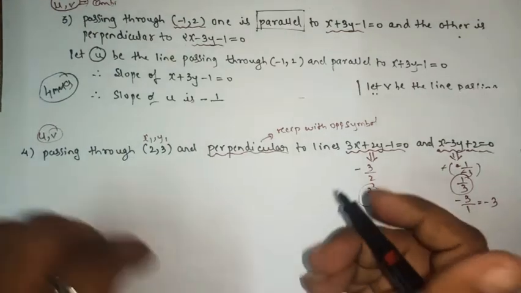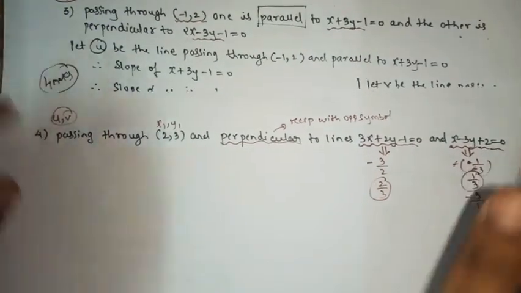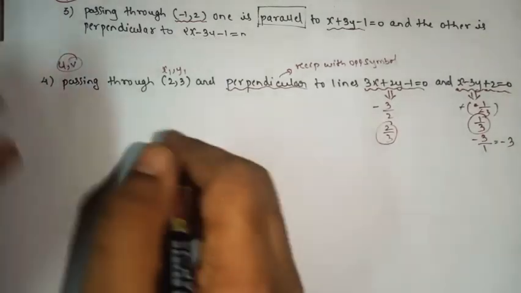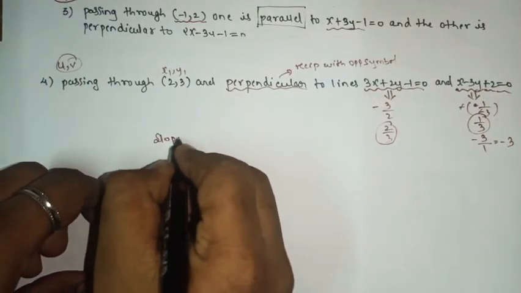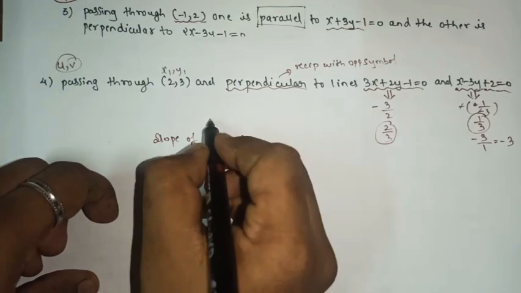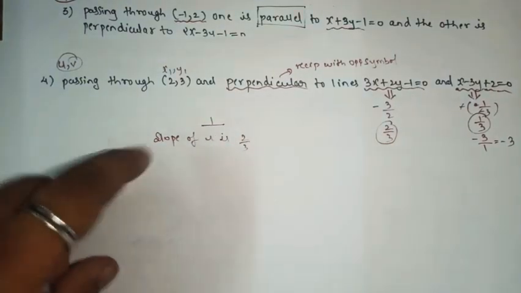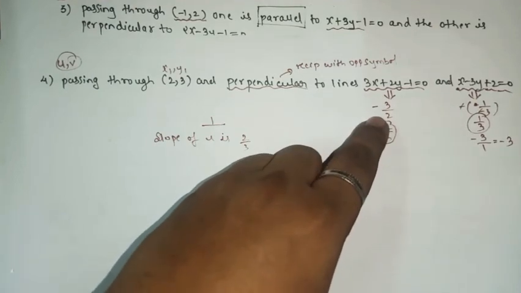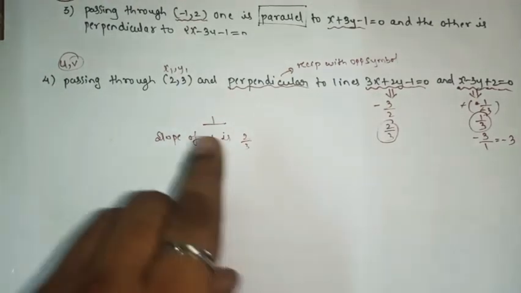So the slope of u, listen here, roughly I will explain this sum. The slope of u is 2 by 3, because it is perpendicular to this line. For this equation you will get slope minus 3 by 2, so the slope of u is what?